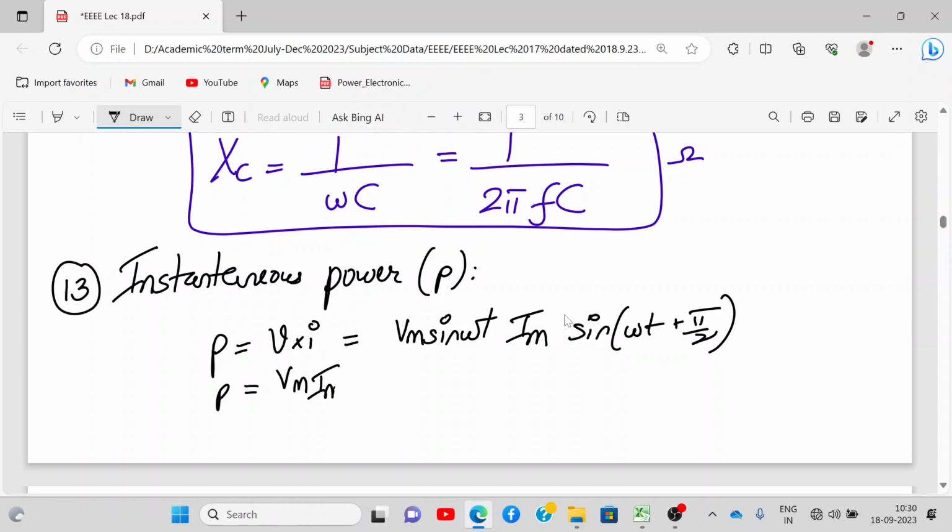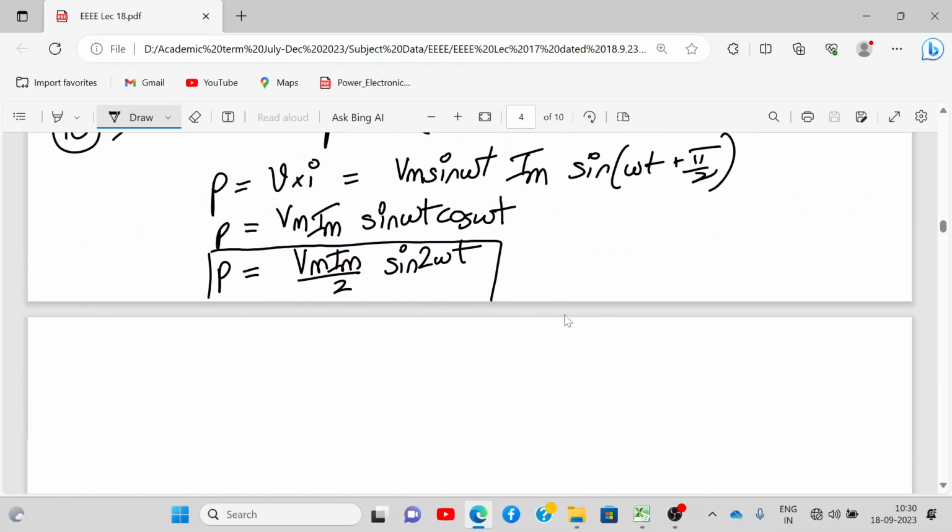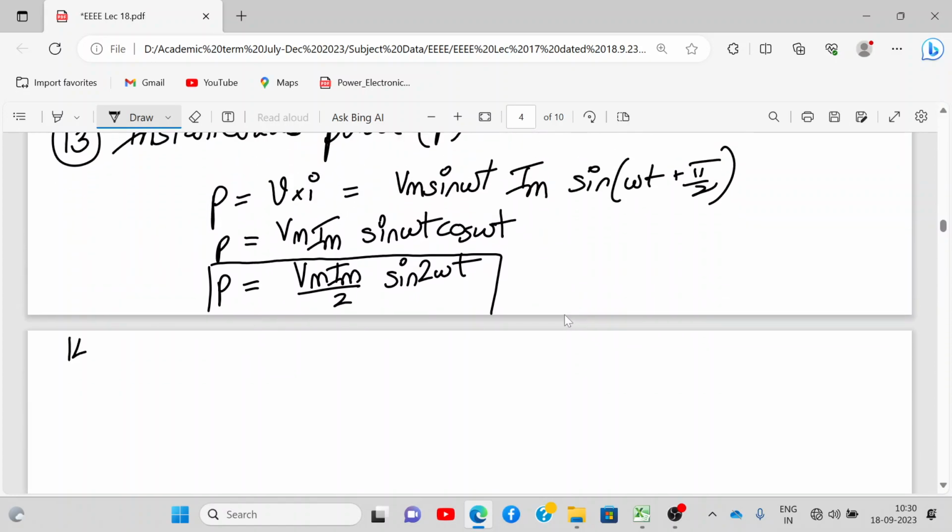So Vm Im sine omega t cos omega t. What is sine omega t cos omega t written as? Half sine 2 omega t. So that is the expression for instantaneous power. What will be average power?